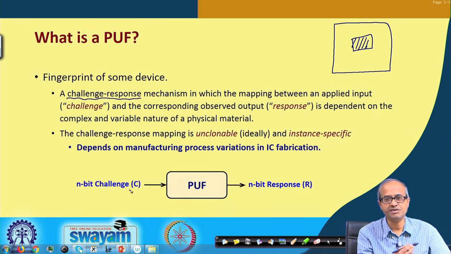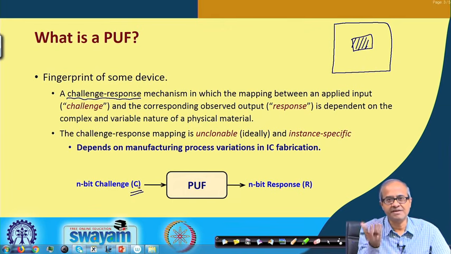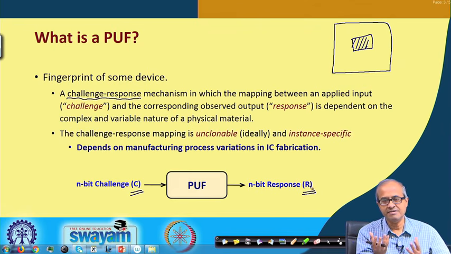Suppose I feed a challenge C, some data I feed as input, and I get an output which I call a response R. The C and R is referred to as the challenge response pair.